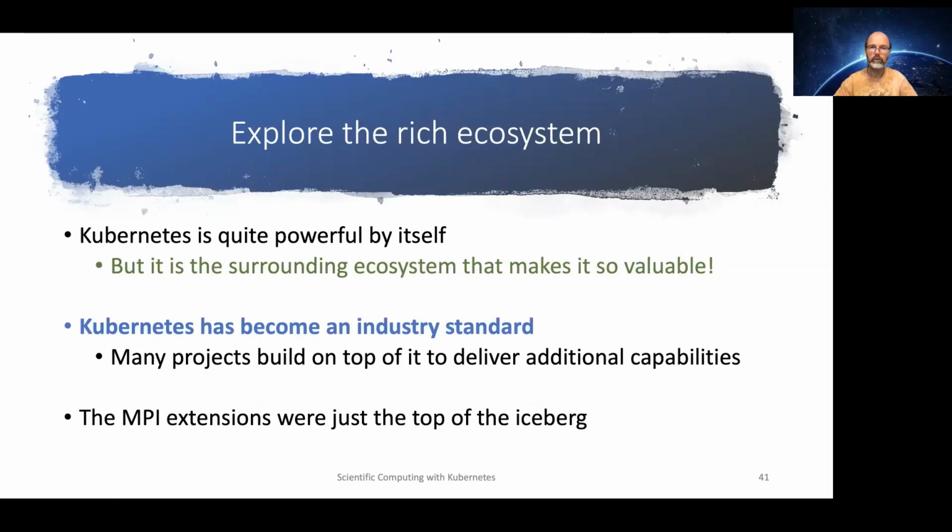But this brings us to the real power of Kubernetes, and this is its rich ecosystem. Kubernetes is actually quite powerful by itself, but personally, I don't think it's better than any of the batch systems I'm aware of. It's really the surrounding ecosystem that makes it so valuable. Kubernetes has become the de facto industry standard in the past few years, so there are many projects built on top of it to deliver additional capabilities.